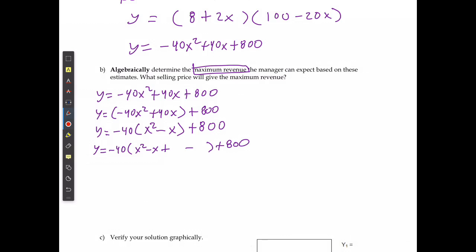Half of negative 1 is going to be 1/2. Squared is going to be 1/4. I move it to the outside. Y is equal to negative 40 bracket x squared minus x plus 1/4, and on the outside plus 800, and negative 1/4 times negative 40 is going to give me positive 10.